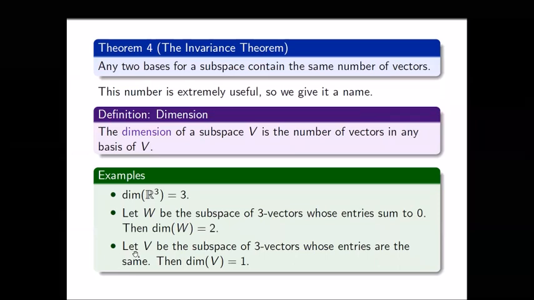And if we define V to be the subspace of three vectors whose entries are all the same, then its dimension is going to be 1 because the basis for such a subspace only contains one vector. So you can generate any vector in a linearly independent way by just taking multiples of the vector 1, 1, 1.